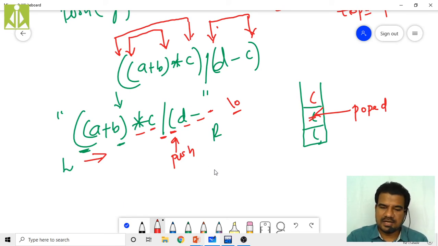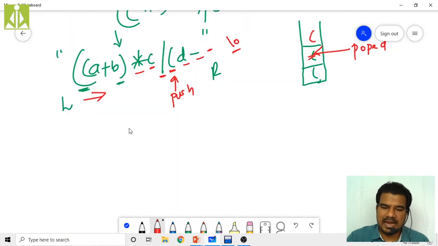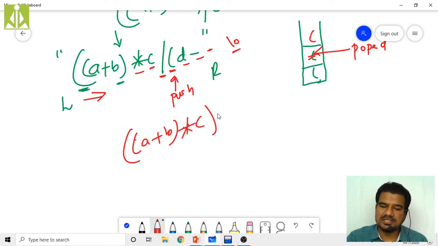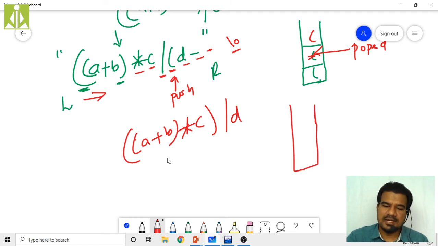So quickly, take one simple example and do that. Like this, where the parentheses are balanced, and see how this works. I will take it like this only. So what do I have to do? Take one stack, then start pushing the opening brackets. First opening bracket, I'm pushing.